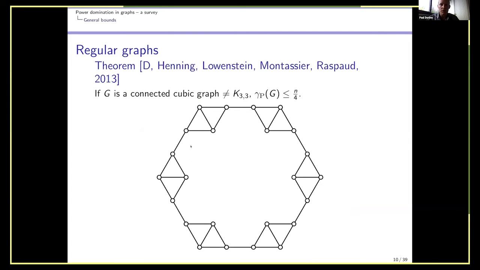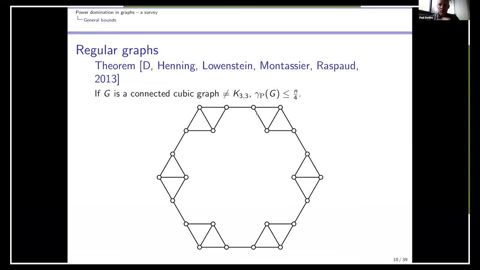Okay, and so with some authors, this study on regular graphs was continued, and one first thing is this bound of n/3 can be improved for regular graphs. So first, if we consider cubic graphs, we could prove that every cubic graph... So in a cubic graph, it's simple.